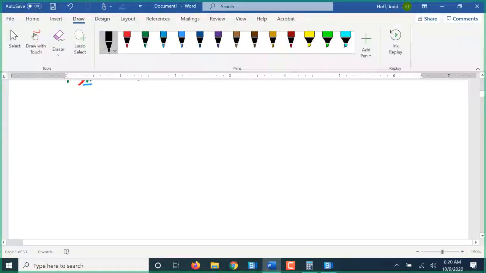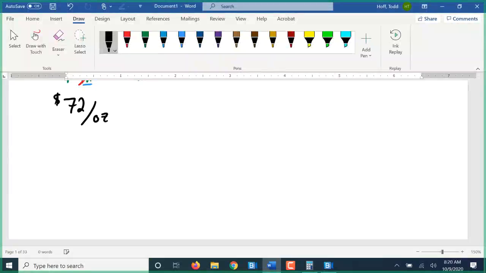We might have, let's look at silver. Let's say that silver is listed as $72 per ounce. If we want to list that as, what is that in dollars per pound?